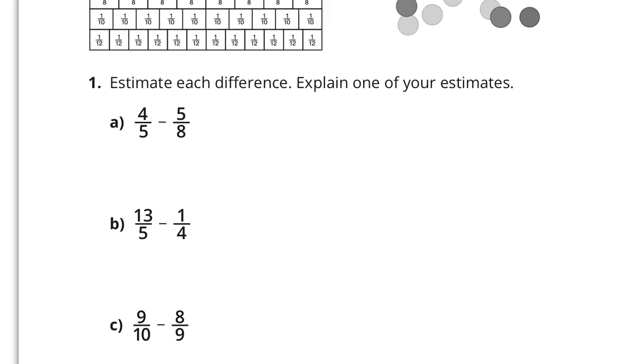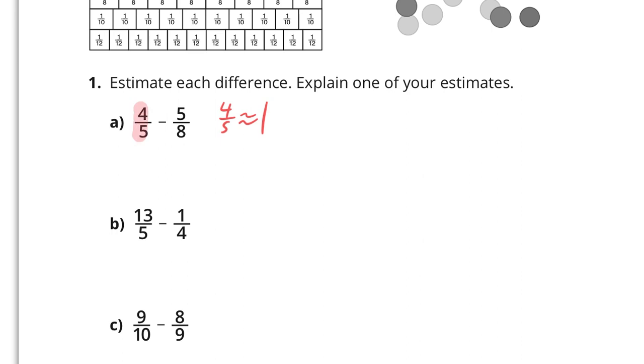Okay, well it looks like we have 4/5 minus 5/8. Well, I know that 4/5 is close to 1, right? 4/5 is close to 1. And then 5/8, let's color code this.